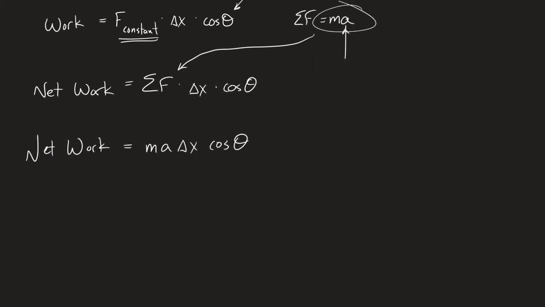There's one that has 2a delta x equals v squared minus v naught squared.